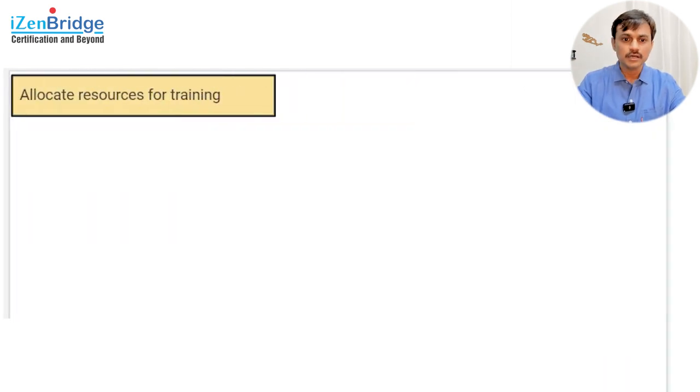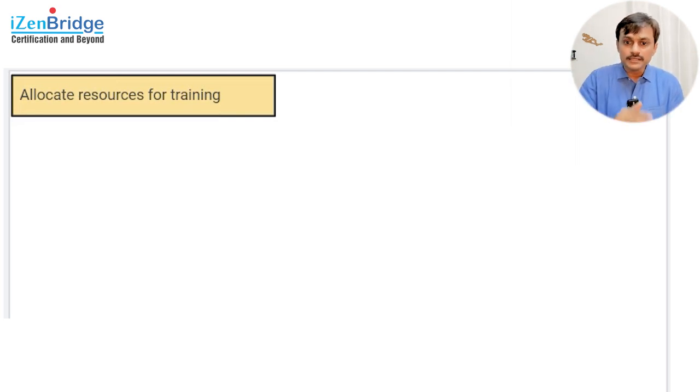Now moving forward, allocate resources for the training. This sometimes becomes tricky. Sometimes the project manager has created a training calendar and scheduled them, but the people are also allocated to their work. As we learn in project management, everything should be integrated.